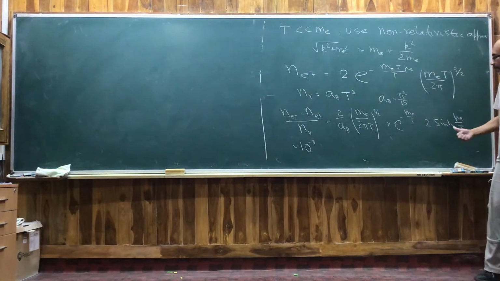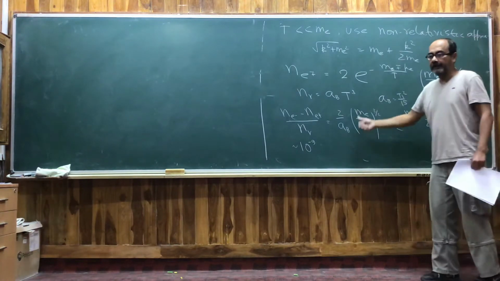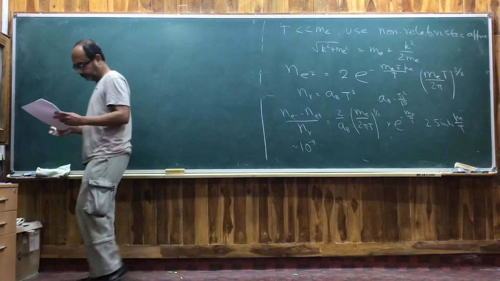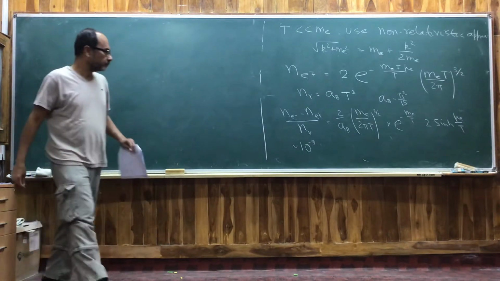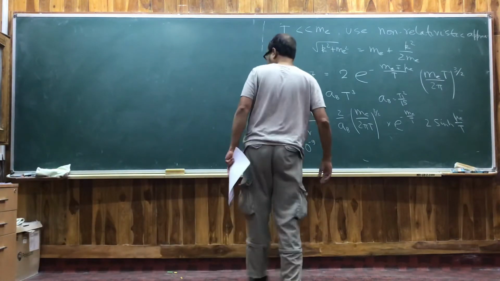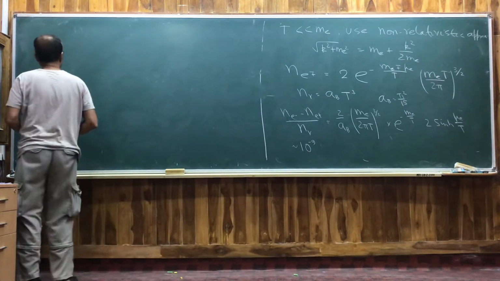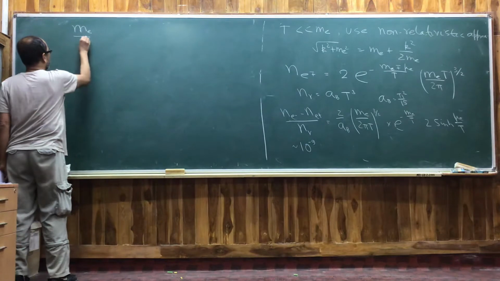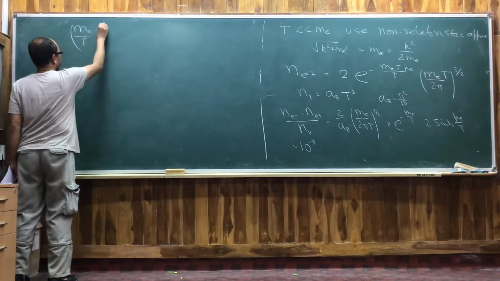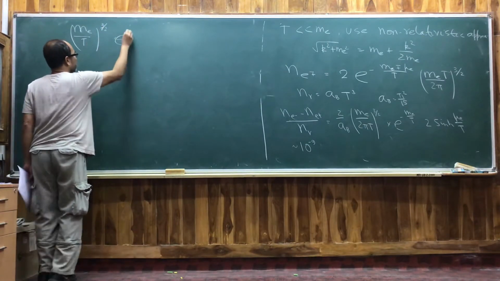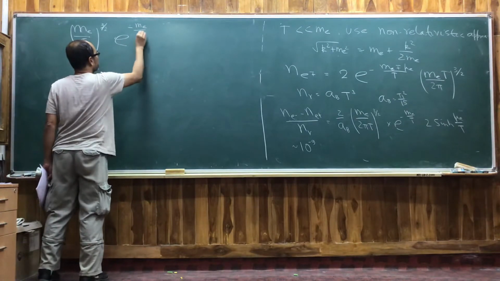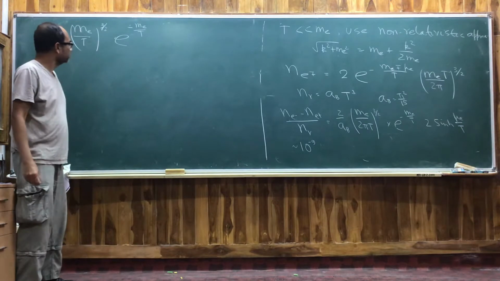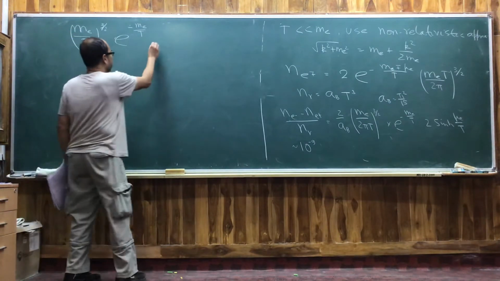So you have to try to see at what temperature this happens. If you ignore the numerical factors, basically what we have to see is (m_e over t) to the 3/2 times e to the minus m_e over t, when this becomes of order 10 to the minus 9.